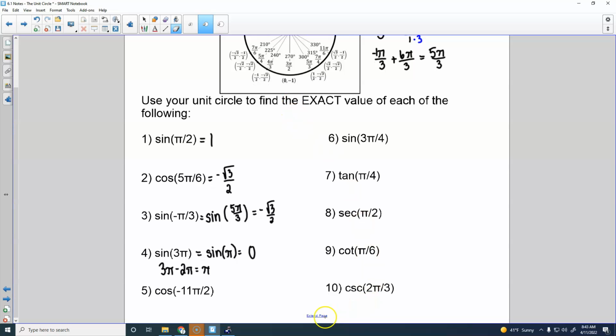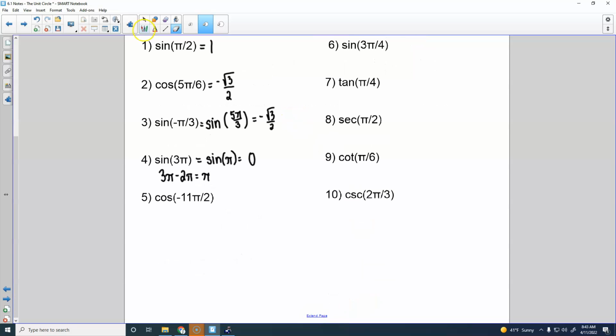Your other option for that, just algebraically what you're doing there, is you're doing negative 11 pi over 2, and you're adding 2 pi, which would be 2 pi over 1. You would have to get common denominators. I'm adding because this is negative, and I need to get something that is on the unit circle, so I have to get a positive.